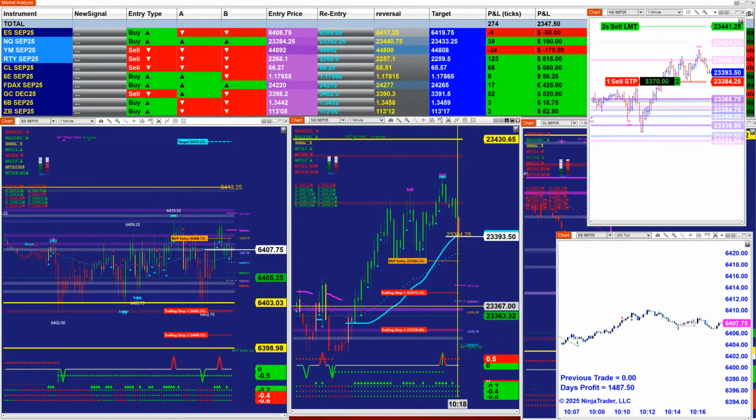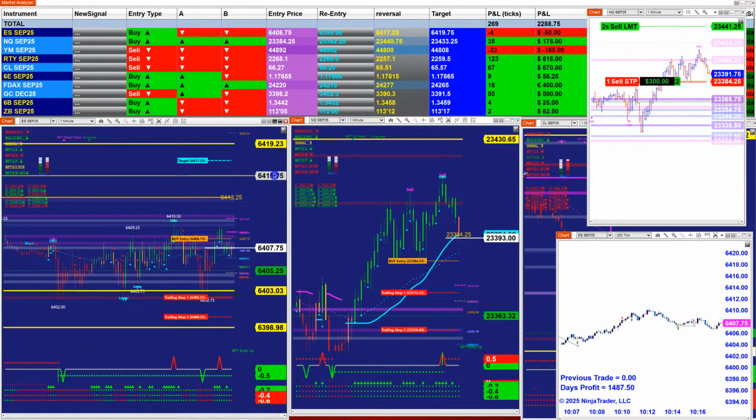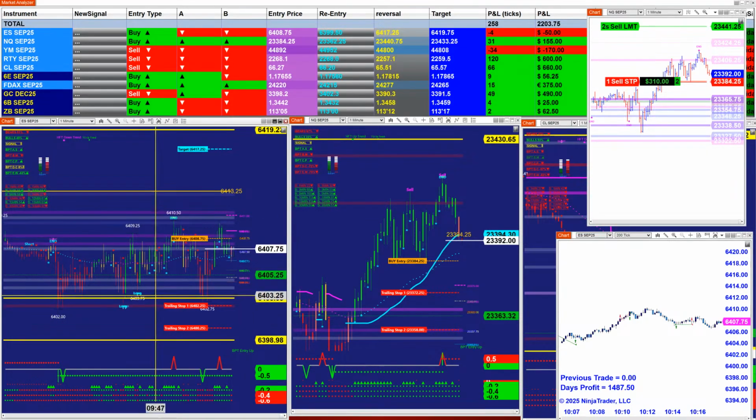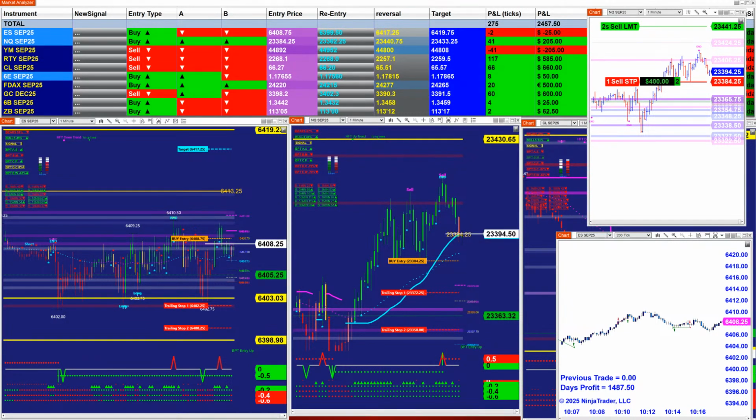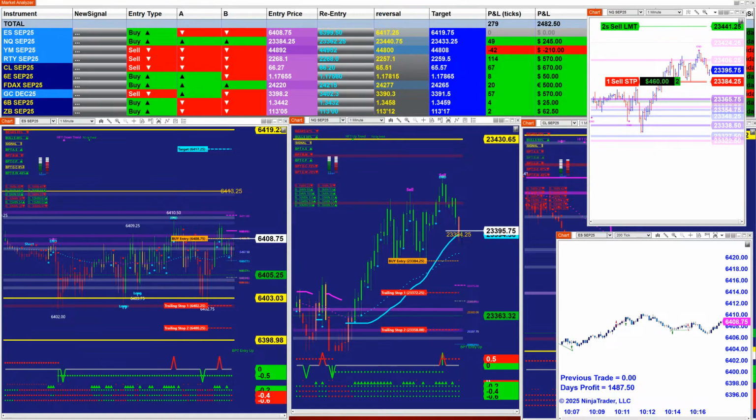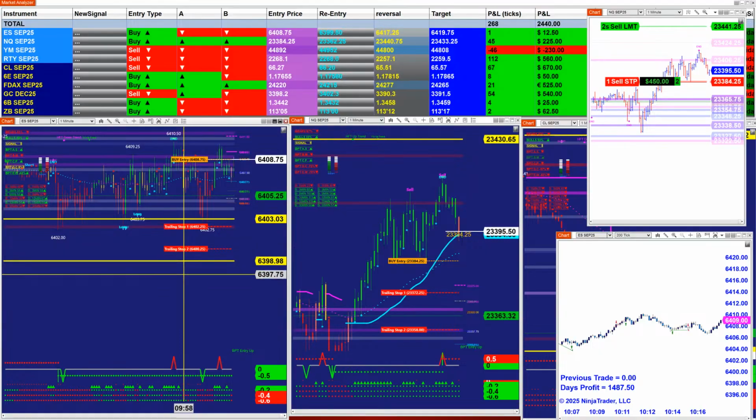If we notice here, the ES is between all those lines. It's not tradable. Doesn't matter what kind of system you have, it's not tradable. You don't know which one is the support and which one is the resistance anymore. It's like an airplane: you either fly above the turbulence or below it.